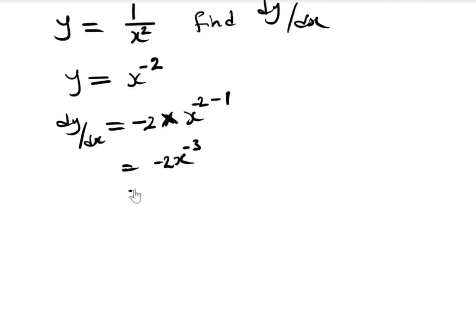And this is equal to minus 2 times 1 divided by x cubed. You can still transform it to be minus 2 divided by x cubed. This is our final answer.